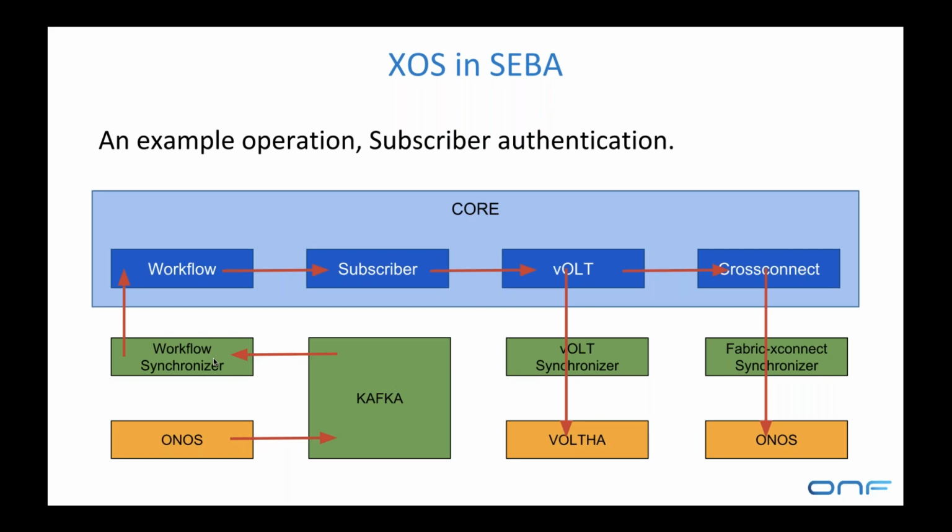What happens is, let's make the example again that ONOS goes down. Let's say that we have 3 subscribers provisioned in ONOS and 2 cross connects configured in ONOS. When the ONOS container goes down, Kubernetes will start a new container.